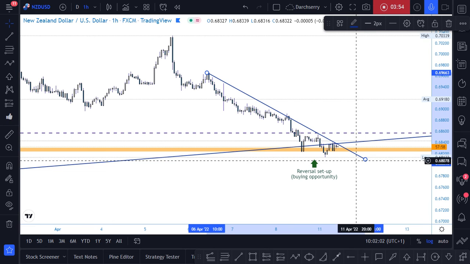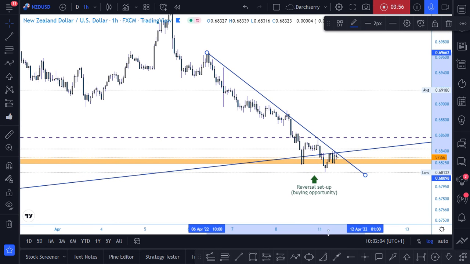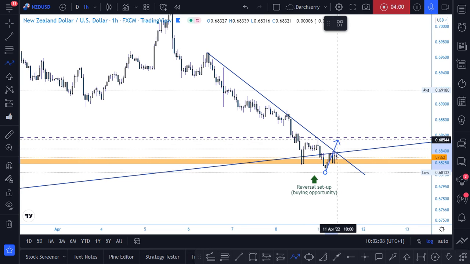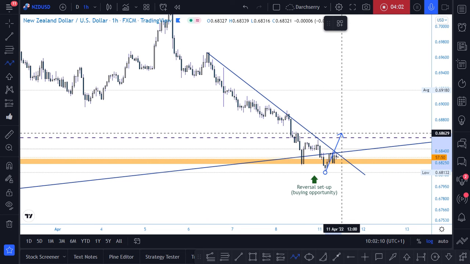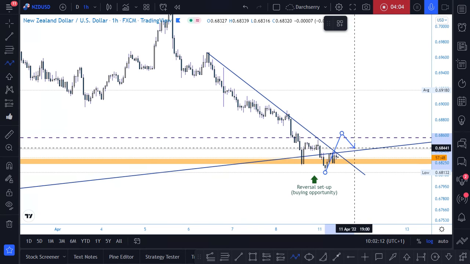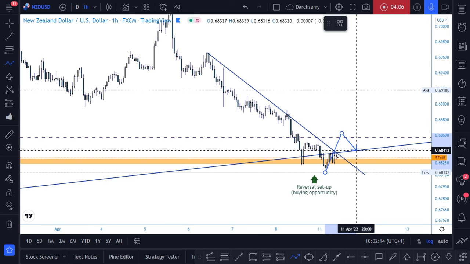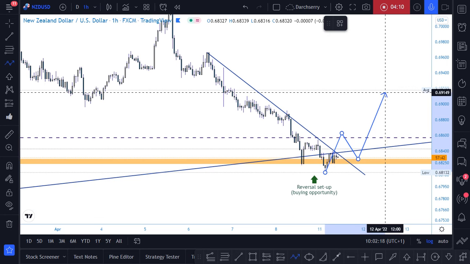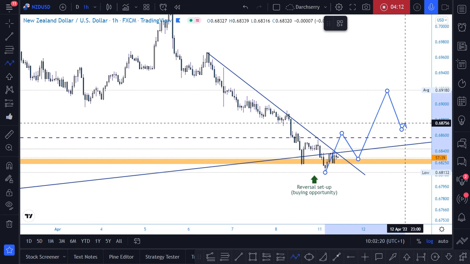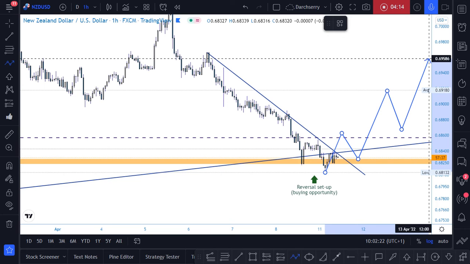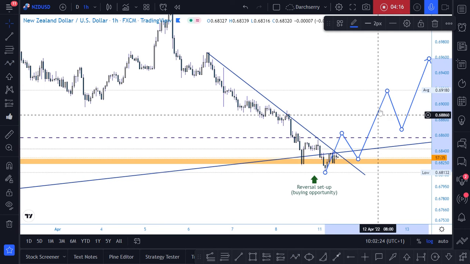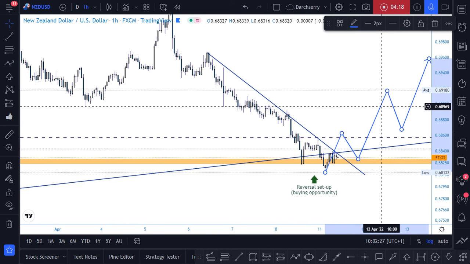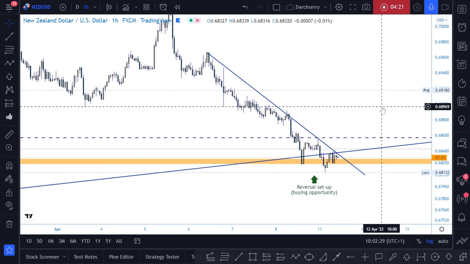So for a signal to happen, we want to be looking out for a breakout of this resistant trend line, a retest of either the bullish trend line or the key level, after which a confirmation of an uptrend is identified.